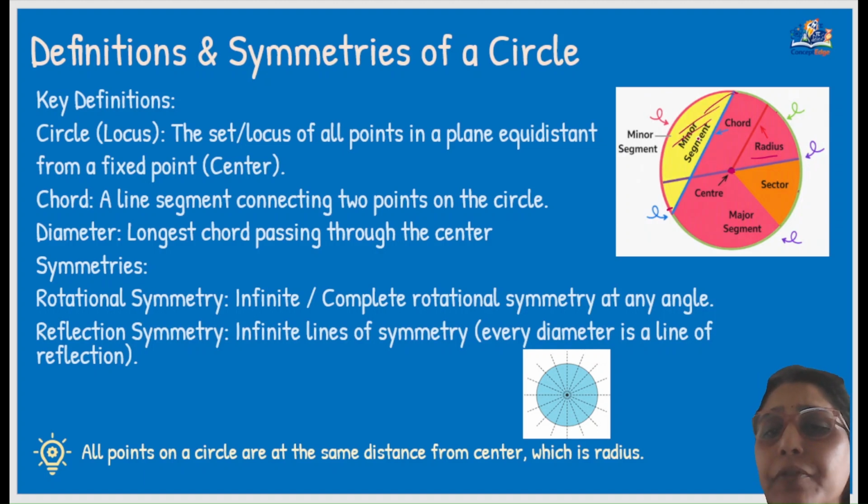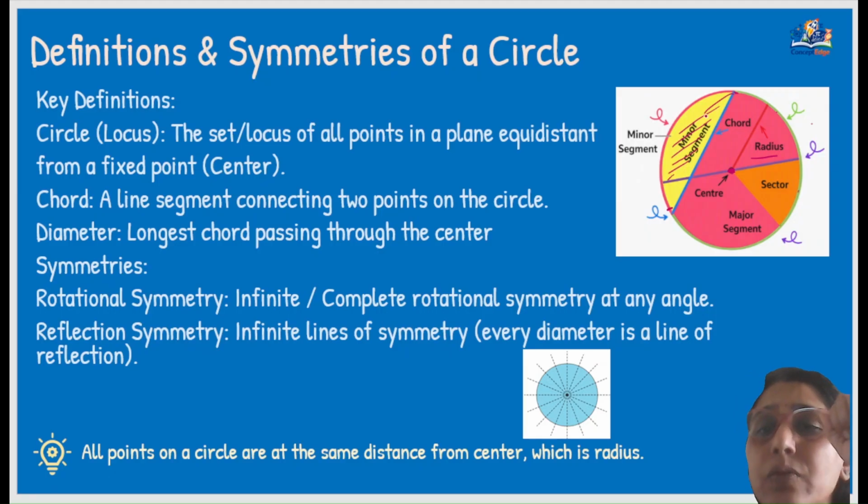First, understand that the circle divides the entire plane into 3 parts. First is the interior part. The second is the circle itself, which is the boundary or the circumference of the circle, and the third is the exterior part.